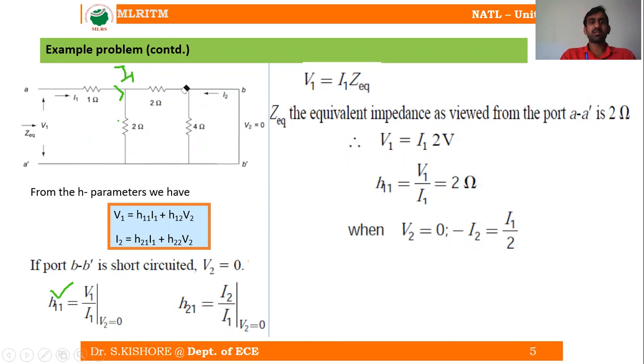So if this is I1 and this is I2 over here, we apply the current division rule. As V2 is equal to 0, this is going to be the I2 over here.